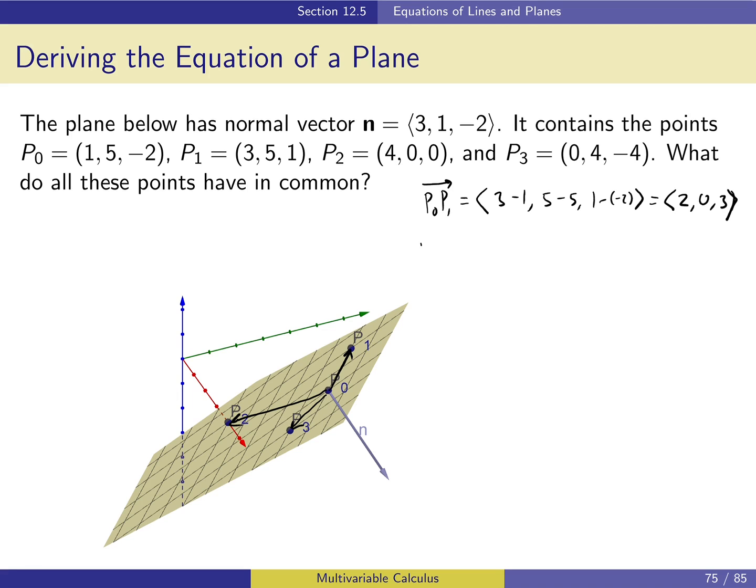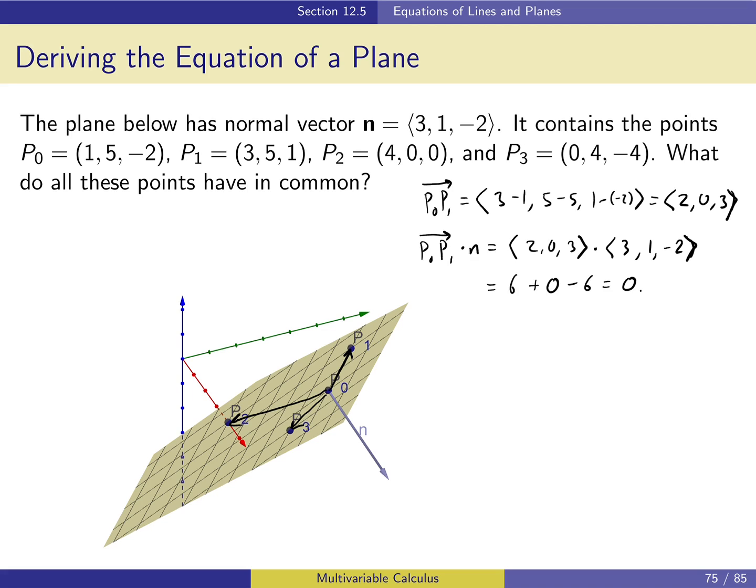What happens if we take the dot product of that with n? Well, we get (2, 0, 3) dot (3, 1, -2), which is 6 plus 0 minus 6, which is 0, just as we hoped.